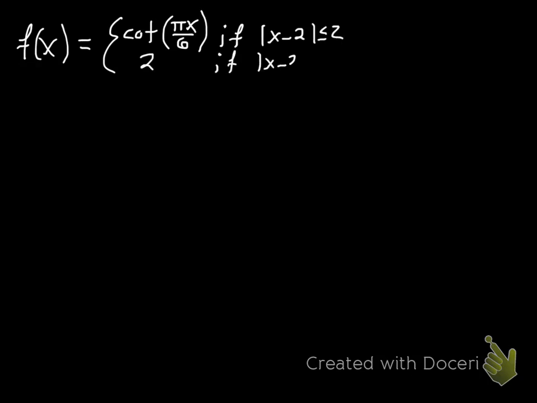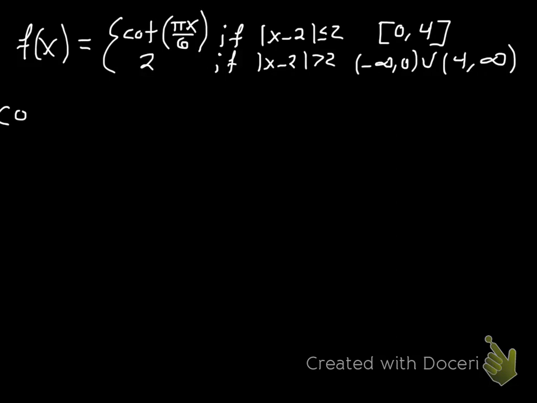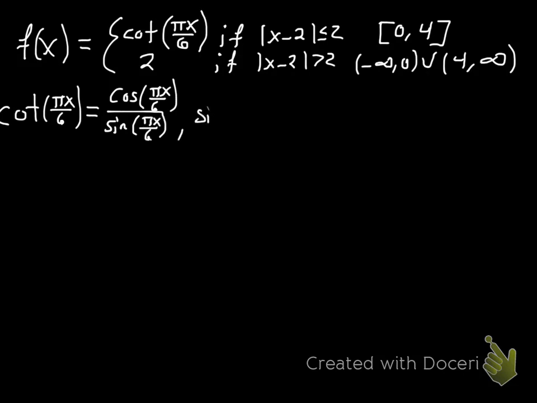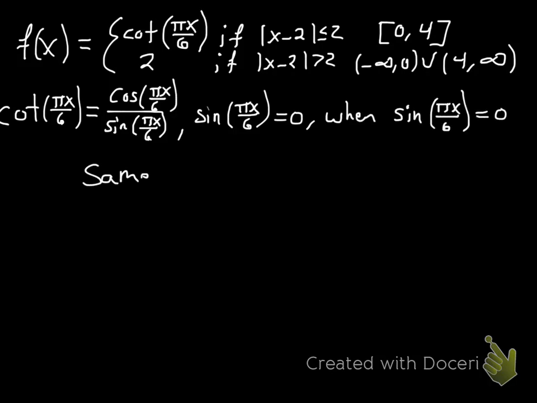If we look at the other example, we use cotangent of pi x over 6, with the same setup in terms of the intervals: one was 0 to 4, and the other was negative infinity to 0, union 4 to infinity. Cotangent of pi x over 6 is cosine of pi x over 6 divided by sine of pi x over 6.